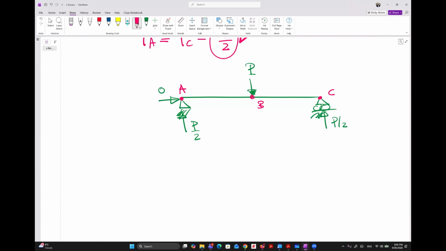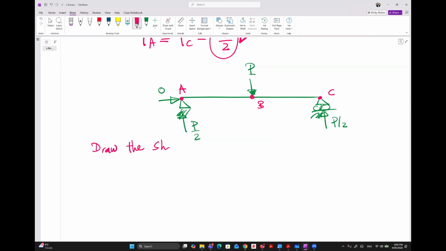Is that okay? Now, the next step will be how to find the shear on each part of the beam, or how to draw the shear force diagram and the bending moment diagram.